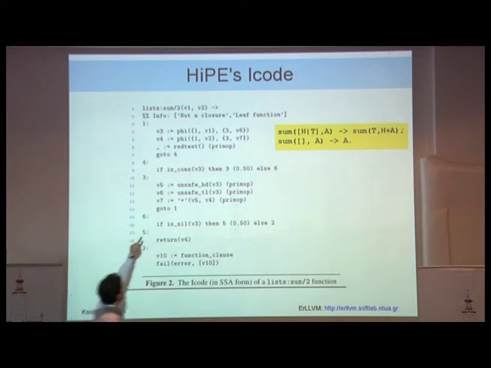This is pretty much the code that we generate in label 3, the code that we generate for deconstructing the list and doing the addition. If it is a nil in variable 3, which comes from the first argument, or v6 from the loop, then we go and return exactly what happens to be in v4.